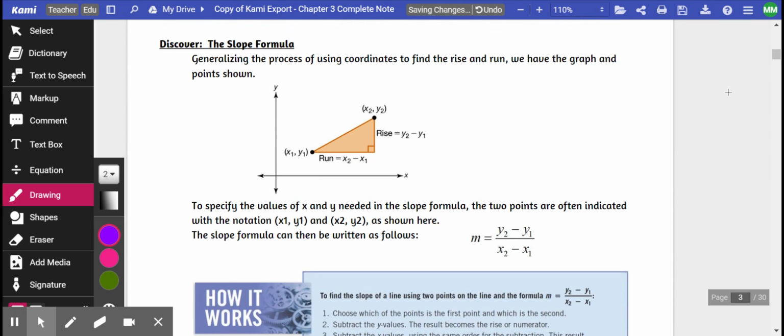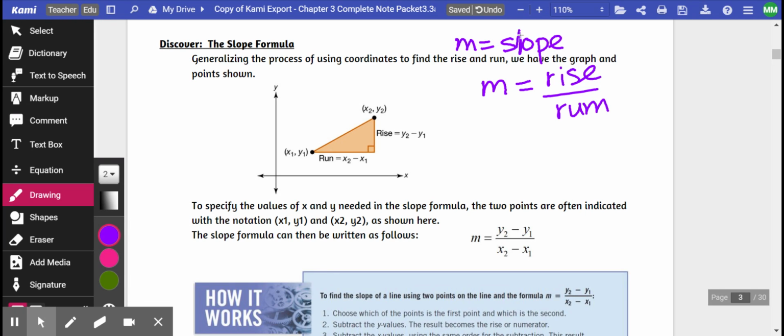So we have been told that the idea for slope is that we have rise over run. We also know that M is the same as slope. And one other piece of information is that it is the vertical over the horizontal.